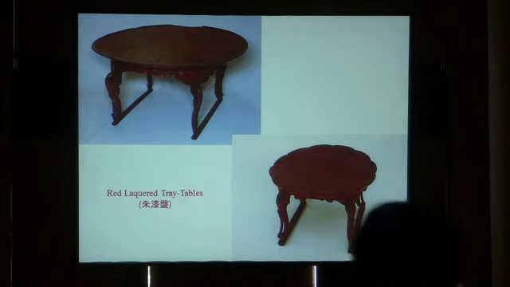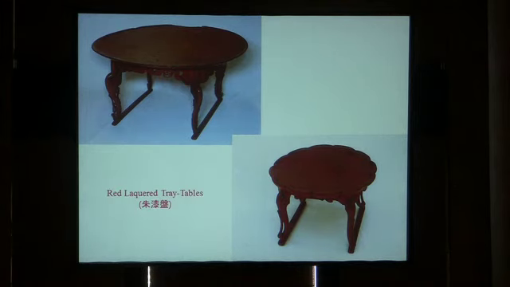So even now, the great families of the Joseon period kept all these small trays in their house. So if you ever visit Yangdong, Yangdong is in North Gyeongsang province. And there is a family who kept all these small tables in their home.